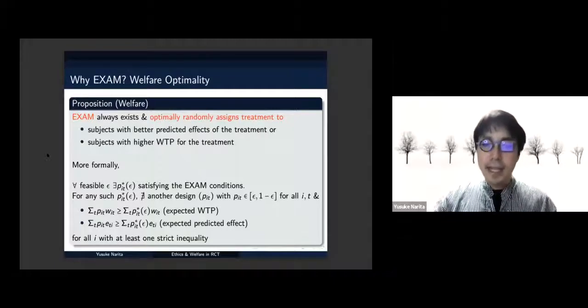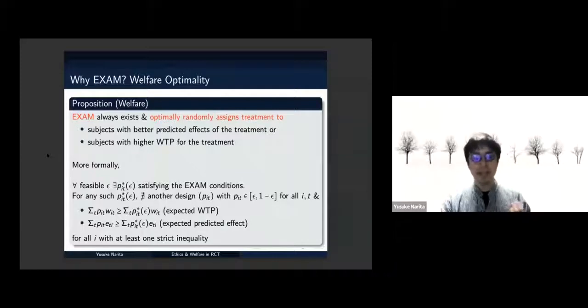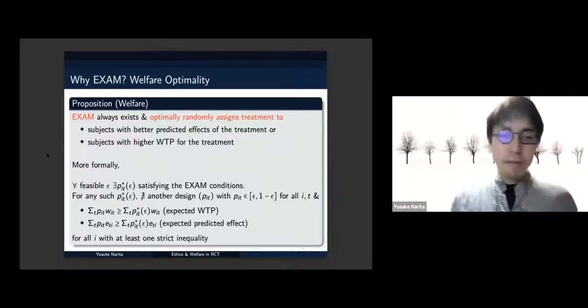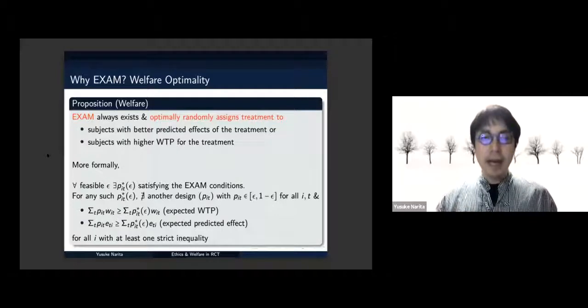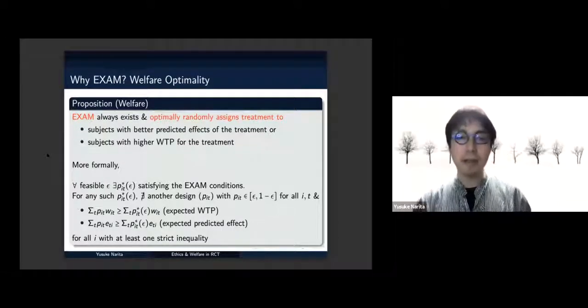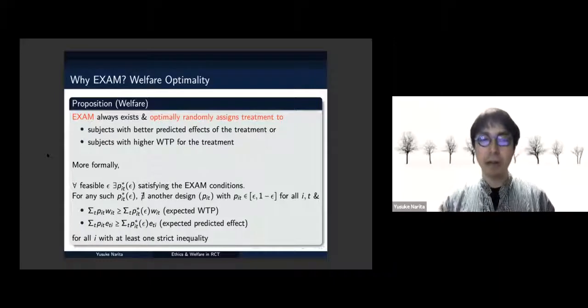Then for any such assignment probabilities in exam, it is ex ante Pareto optimal in the following sense. That is, there is no alternative experimental design P without a star, with the same random assignment condition, such that the alternative design Pareto dominates exam in terms of these two welfare measures listed here: the expected willingness to pay for assigned treatment and the expected predicted effect of assigned treatment.